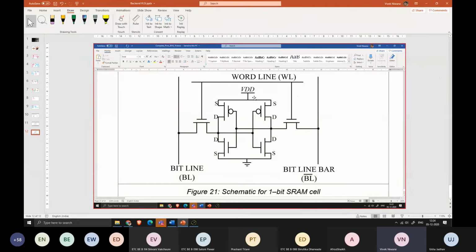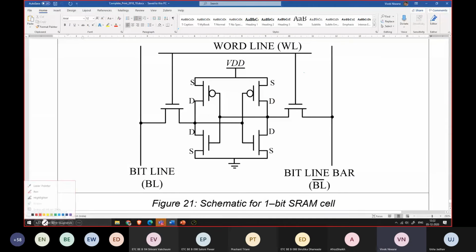Then how to turn on these access transistors? Whenever word line is equal to 1, then and only then these access transistors will be turned on.